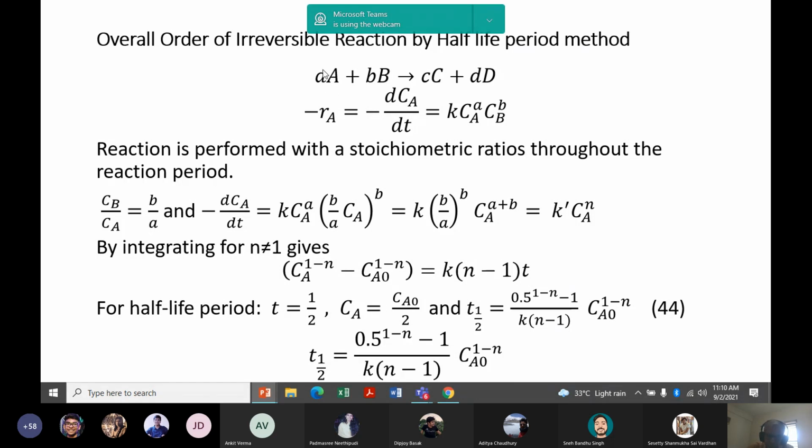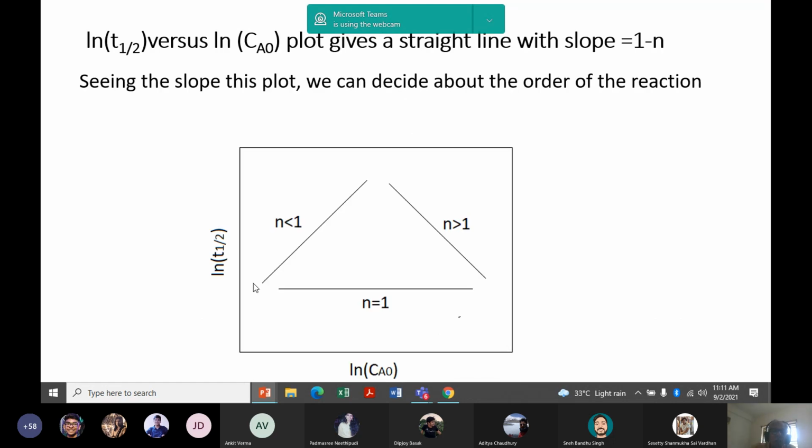So if it is second order, or nth order meaning half order, 0.5, or any fractional order, negative order, for all these cases this is valid. And we can find out t half for different Ca0, and then if you plot it, you can find there are three types of plots: one is horizontal, the second plot has positive slope, and the third plot has negative slope.